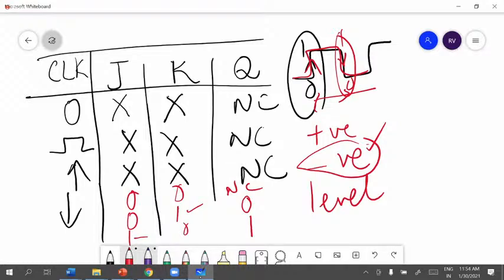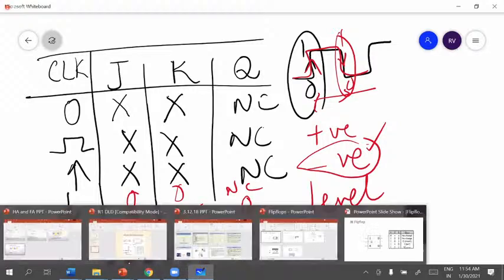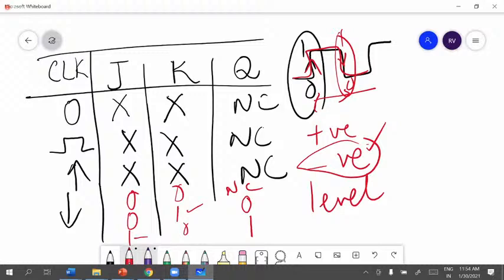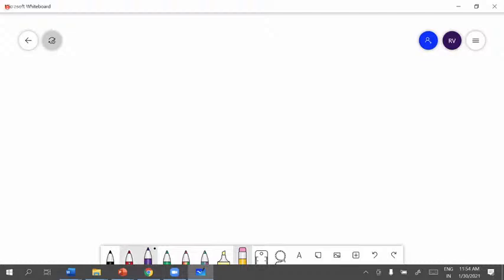So simply you can compare this method. When both inputs are 1, this condition is important for me. When J is equal to 1, K is equal to 1, flip-flop output toggles. That means to explain its operation, you always assume the previous condition, right?